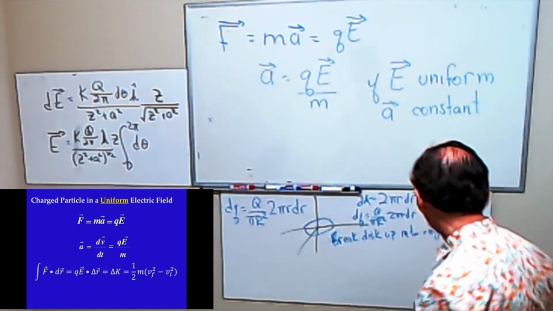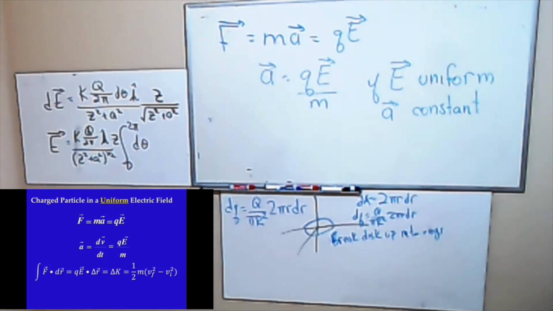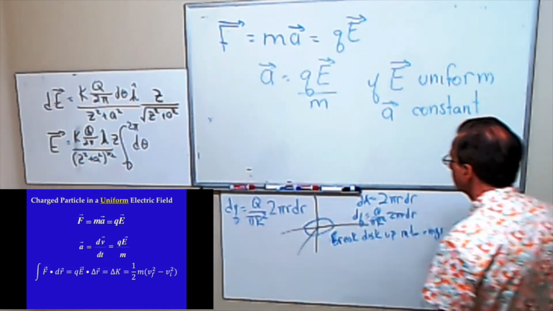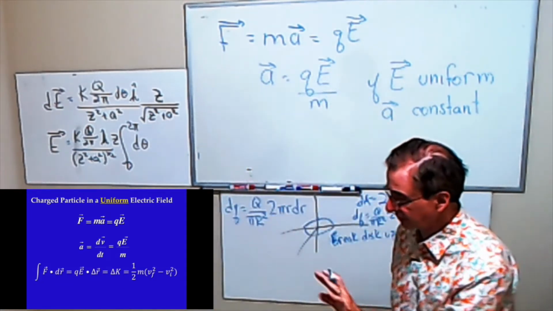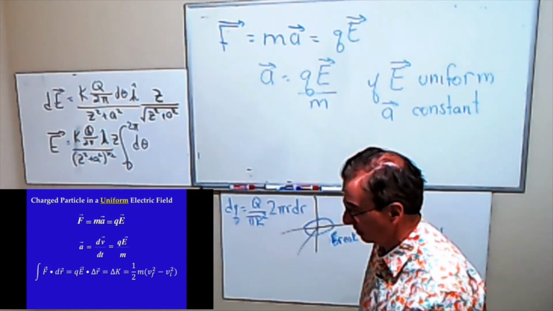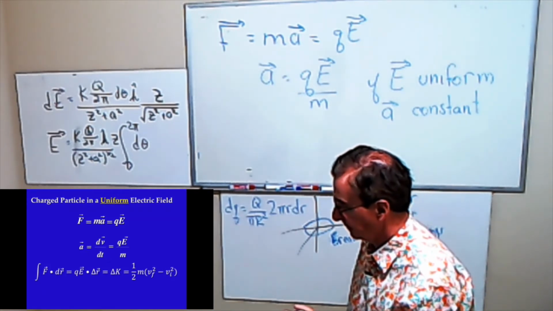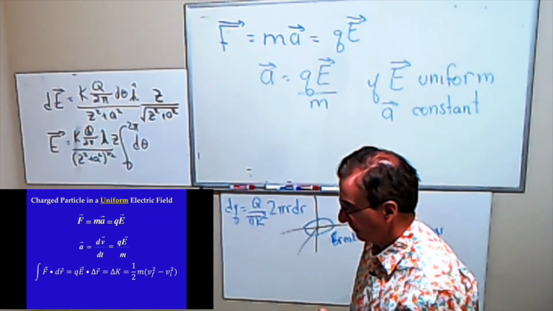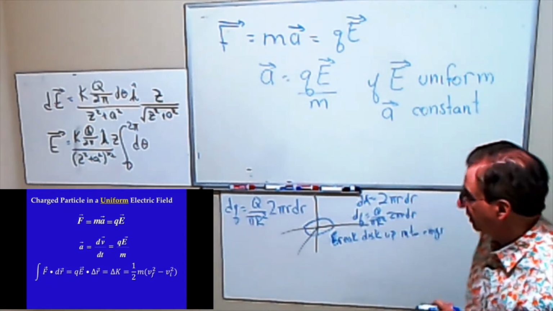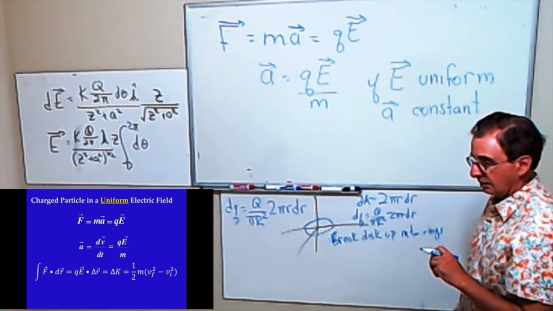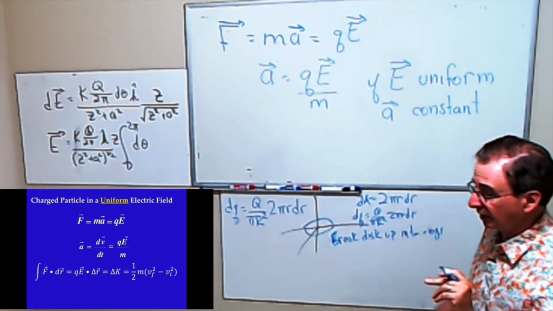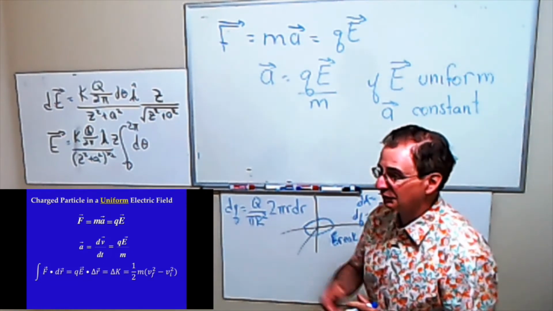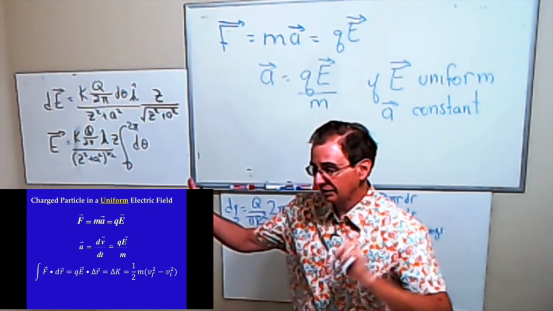And then if you want to look at the work done by the field, if the field is constant, that's what uniform means. Uniform means it has the same value everywhere in space. We're talking about static fields, so there's no time dependence, because in physics we say time independent and uniform.